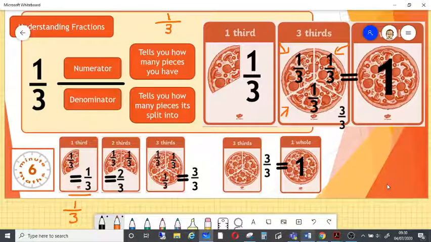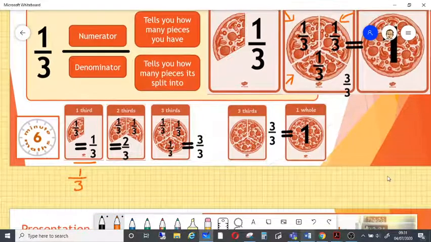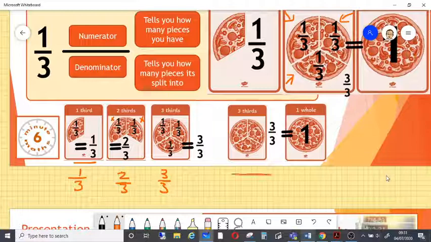Here I've got 2/3, and you can very clearly see by the diagram that it was cut into 3, and I've got 2 left, and as you can see, there's 1/3 here, and 1/3 here, so it makes 2/3 in total. And then here I've got 3/3, which is actually the same as one whole pizza, because when it's put back together, 3 lots of 3 equals 1.